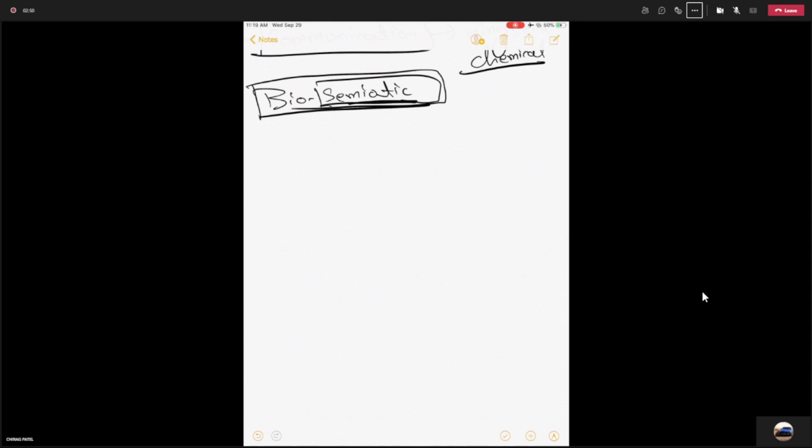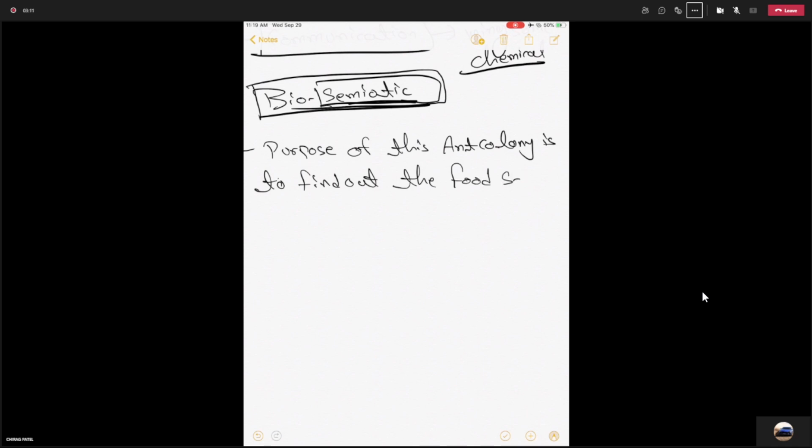If we talk about an ant colony, it's not like our housing colony type of thing. Honestly, if you think about it, the purpose is to find the food source. Suppose we are living in India, right?